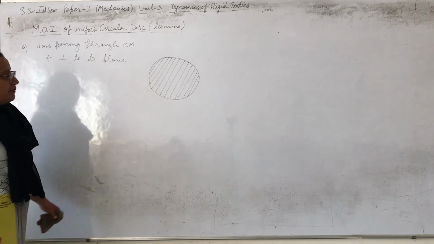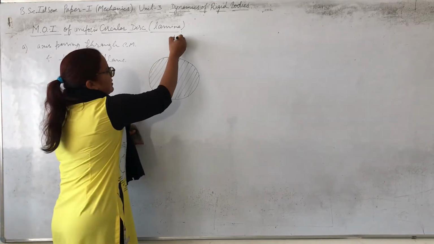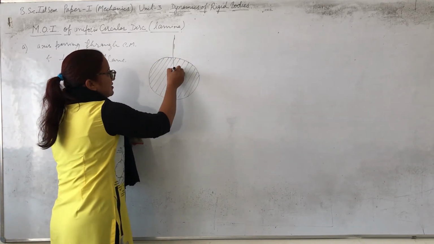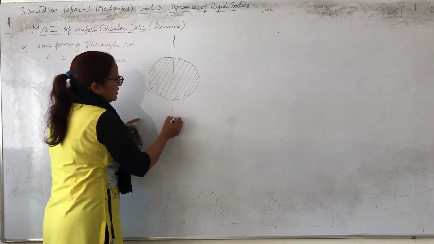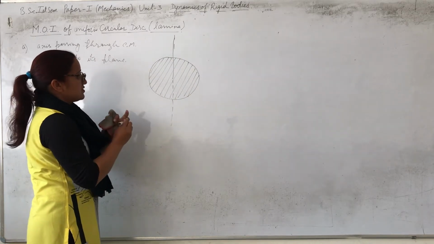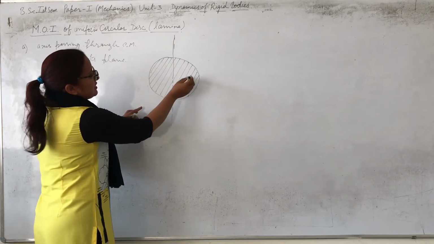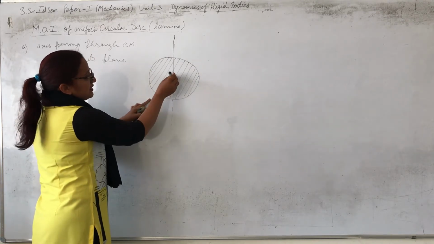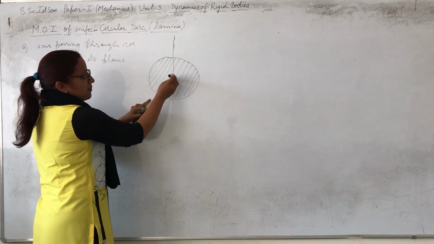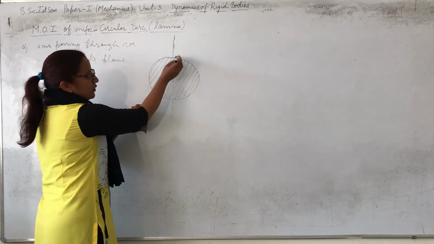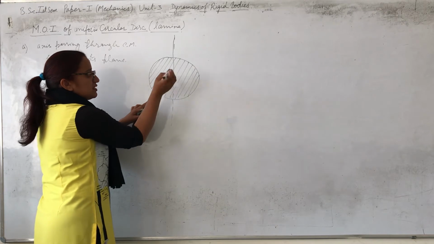Perpendicular to its plane. So this will be the axis. The dotted means this axis. If you see it in reality, if this is the circular lamina, then the axis will be passing through its center, and perpendicular to its plane.